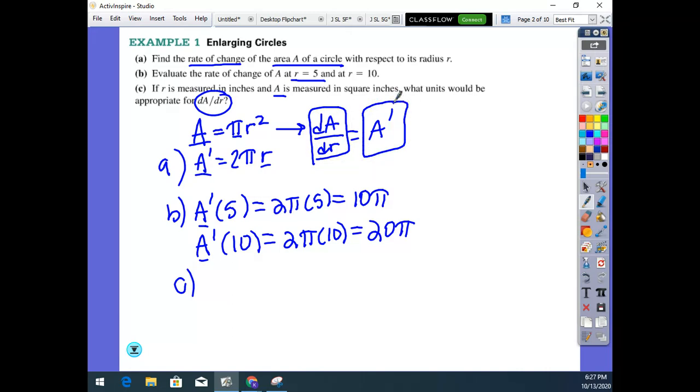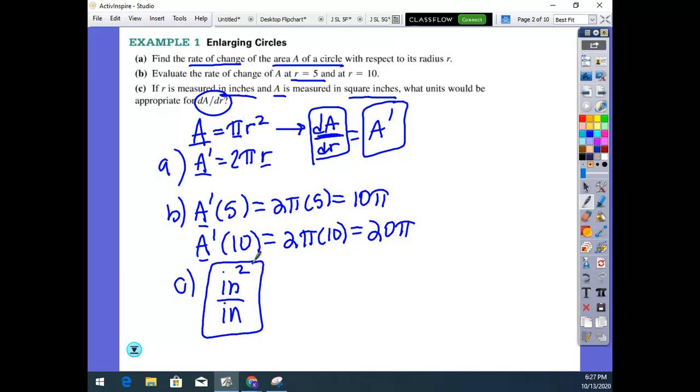When we're doing units, you literally do the numerator divided by the denominator of units. Area, square inches, inches squared. R is measured in inches, so inches squared per inch. Now, units cannot be simplified like this. Your unit of measure is inches squared per inch. That's what your rate of change is labeled as.